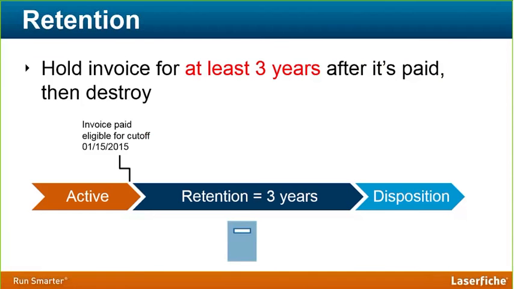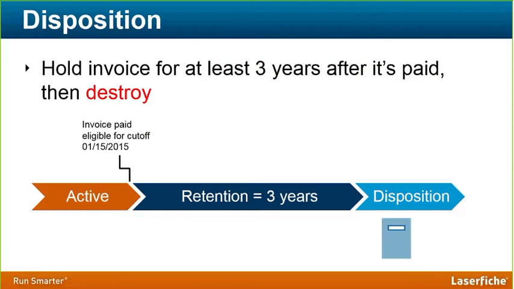So what's the retention period? The retention period is going to be 3 years. For a records manager, they're only going to be liable for the records for that minimum time. So they are looking at this invoice and retaining it for 3 years. And after that retention period, it's going to be eligible for disposition.